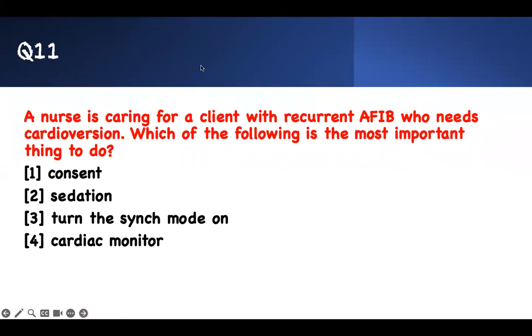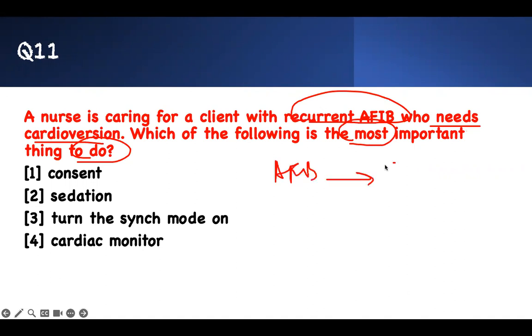Number 11. Which of the following is the most important thing to do? A nurse is caring for a client with recurrent AFIB who needs cardioversion. Which one is the most important? So I have AFIB, it's not getting better, you need to do cardioversion. This question is tricky.